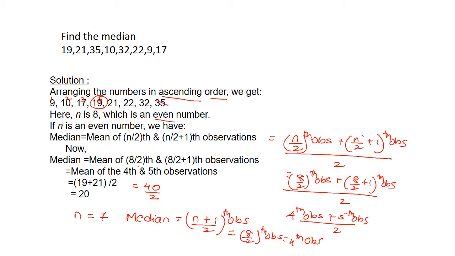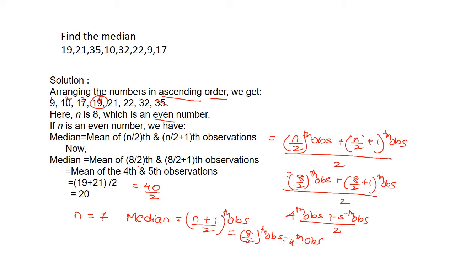So the formula for the median is the average of the n upon 2th observation and the (n upon 2 plus 1)th observation, divided by 2, since it is even. Here n is 8, so 8 upon 2 is the 4th observation, plus 8 upon 2 plus 1, the 5th observation, divided by 2.